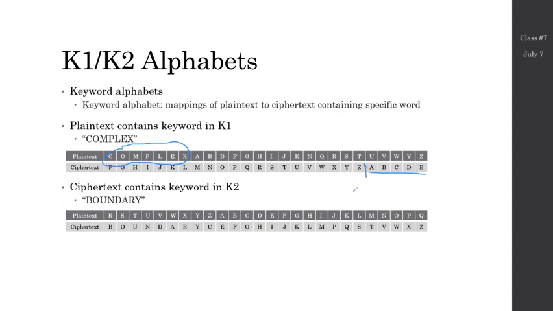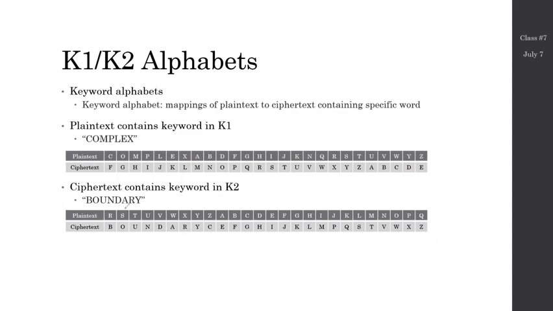In the plaintext, after the keyword, the alphabet also proceeds alphabetically, but without repetition. Because complex has a C in it, this goes A, B, D instead of A, B, C, D, because we can't have duplicates.